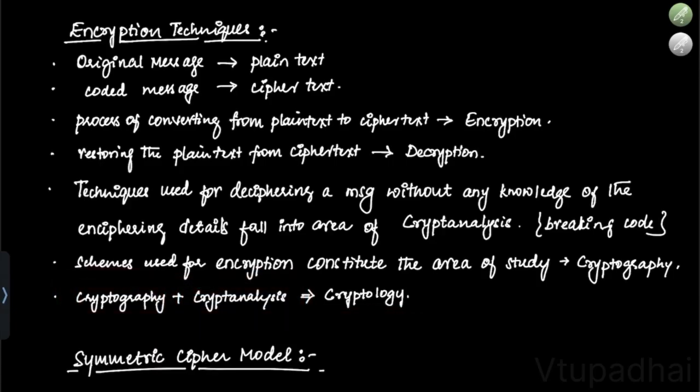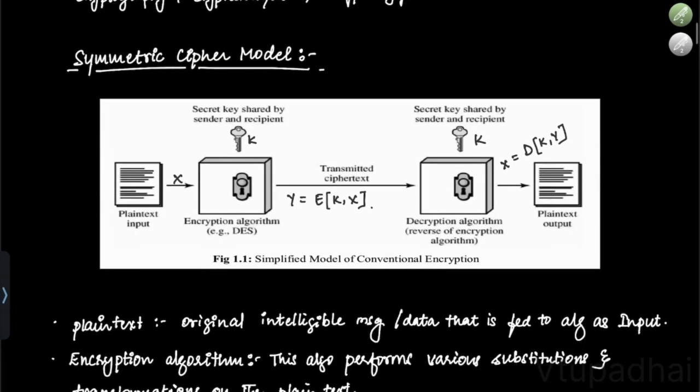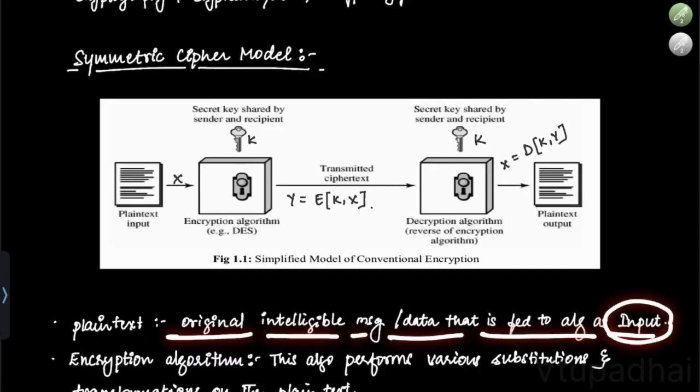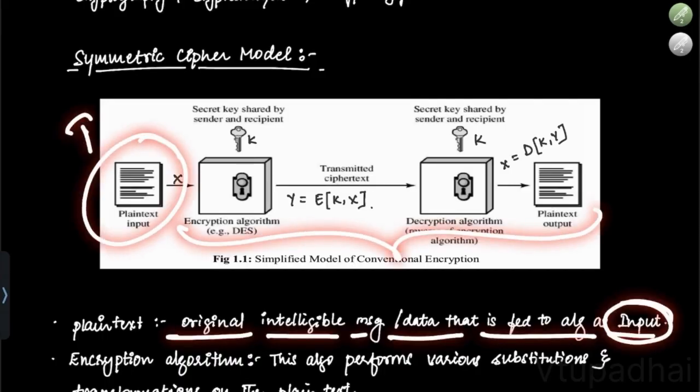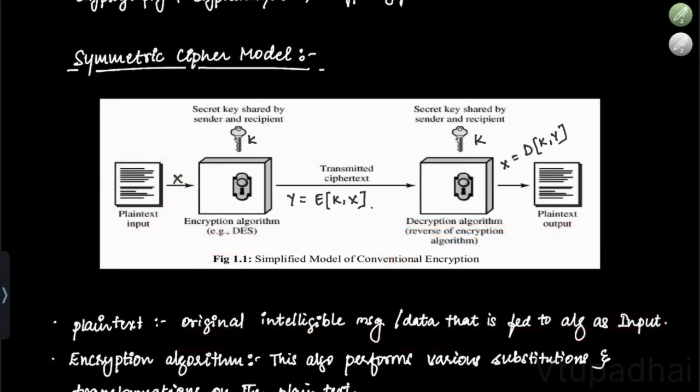Let's move further. We have the symmetric cipher model here. If you see the diagram, first we have the plain text, depicted as X. Plain text is the original intelligible message or data that is fed to the algorithm as input. Then we have the encryption algorithm.